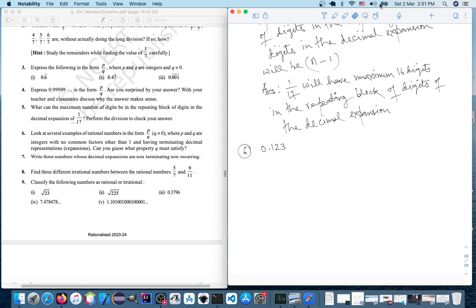So this is definitely a rational number with a terminating decimal expansion, and this can obviously be written as 123 by 1000. Here p is 123 and q is 1000, and definitely p and q are co-prime. We do not have any common factor between 123 and 1000. So what do we see? What is so special about q? Over here q is 1000.